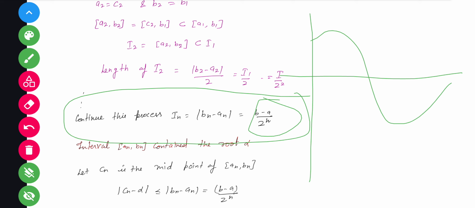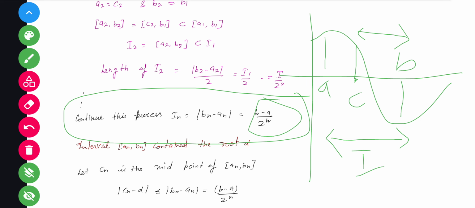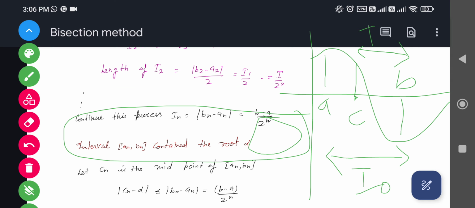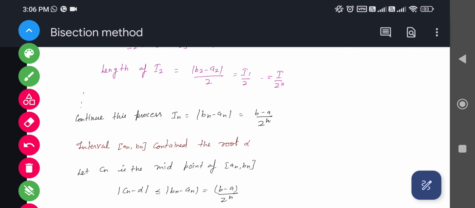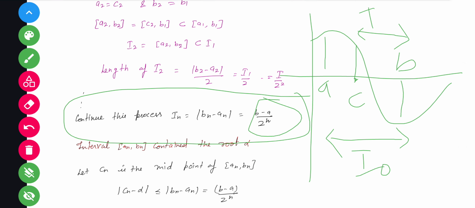So this is A, let's say this is B, this would be our C, and this is the first interval, the initial interval I0, and then this is our I1. Then again I am bisecting, and here is another C, let's say this is C1 and this is C2, then this would be my I2.